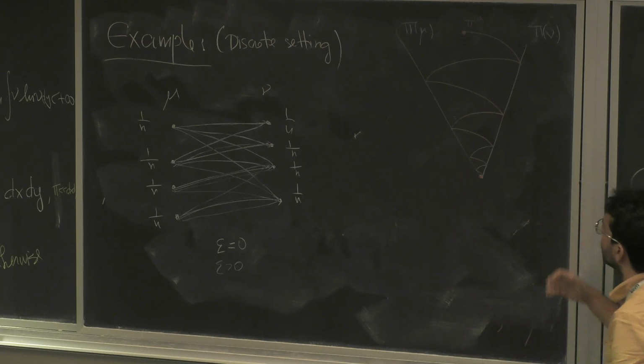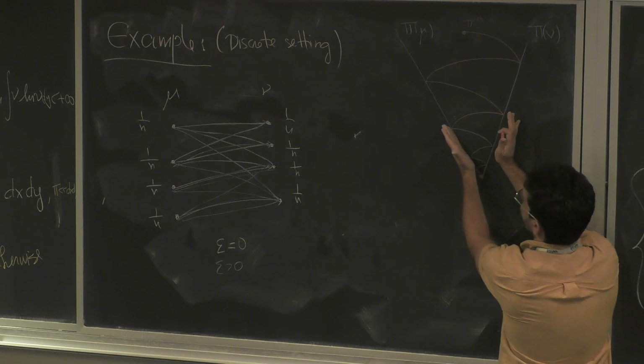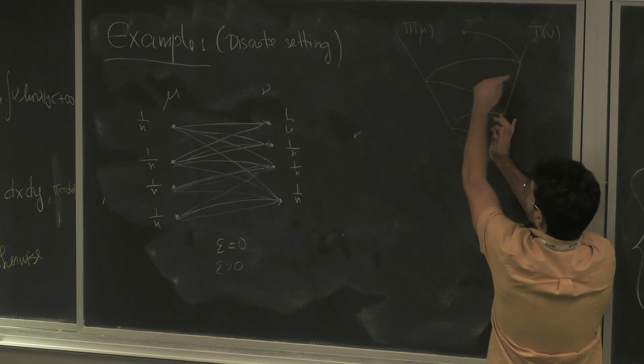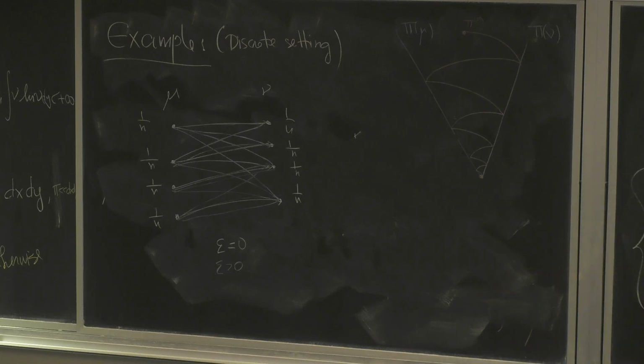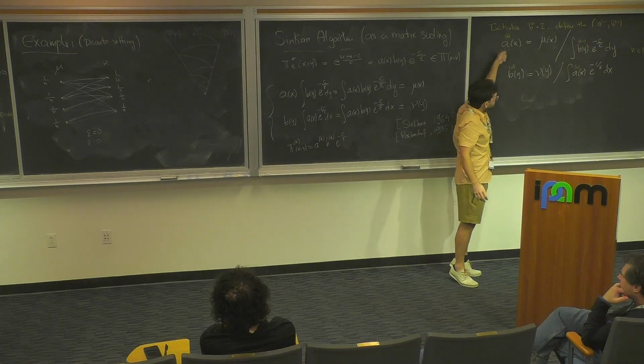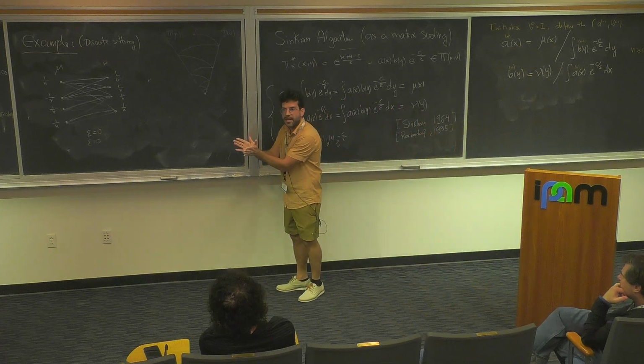More mathematically speaking, you can define a Hilbert metric in this cone. The Hilbert metric in this cone is the angle. And basically what you are saying is that the Sinkhorn iteration is a contraction of the cone under this Hilbert metric.